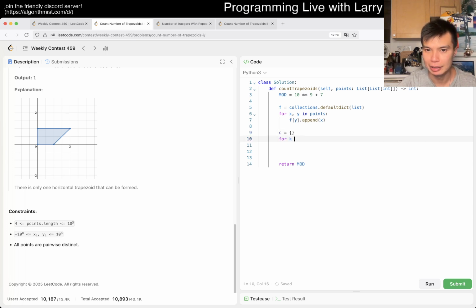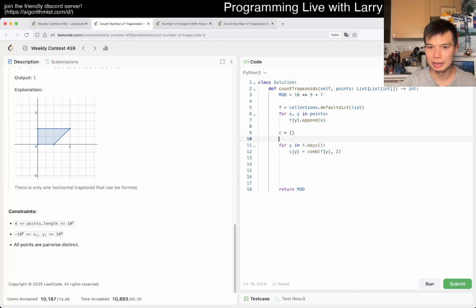So then for k and maybe just y. So then now we have choose 2, right? So c of y is equal to f of y, choose 2. Let me just write it like this.